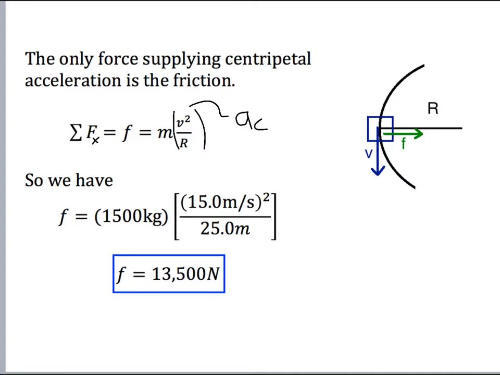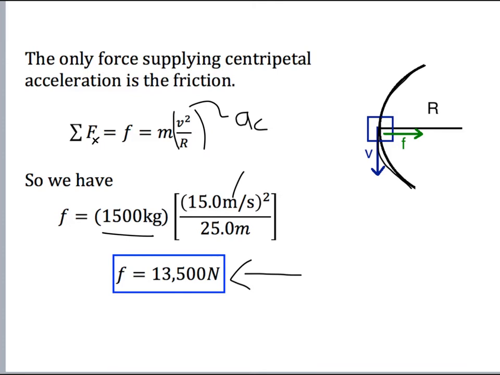So we have 1,500 kilograms, 15 meters per second, quantity squared, divided by the radius, 25 meters. And when you plug that in, you get the force of friction is going to be 13,500 newtons. That's what is necessary to keep this guy moving in a circle.